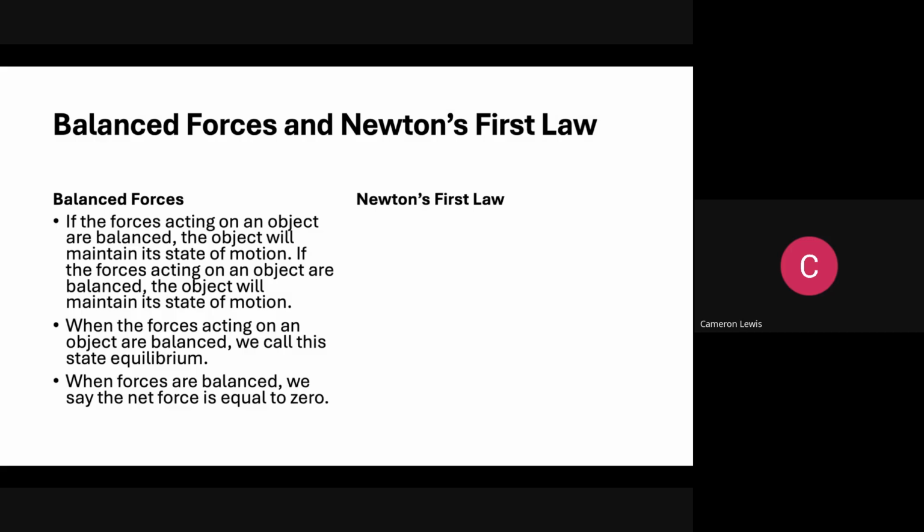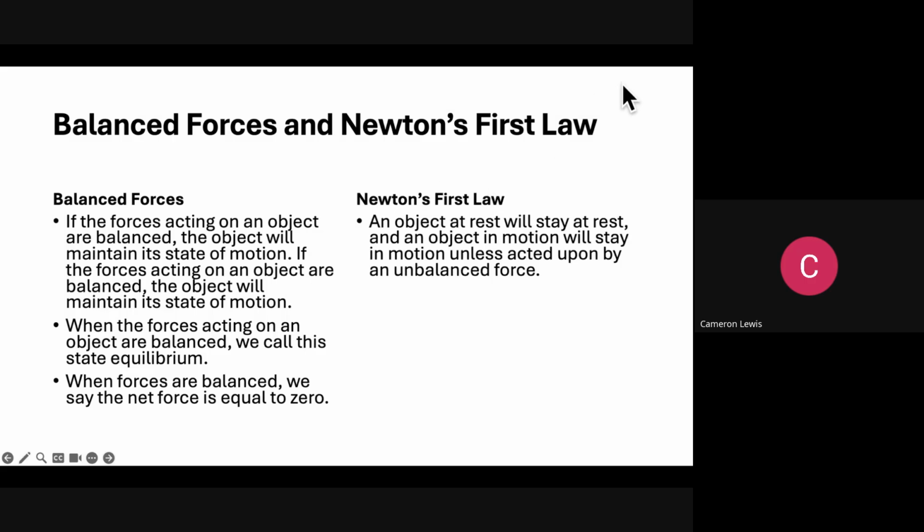An object at rest will stay at rest, and an object in motion will stay in motion unless acted upon by an unbalanced force.